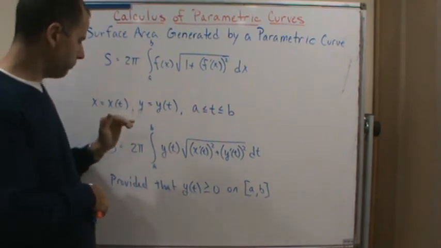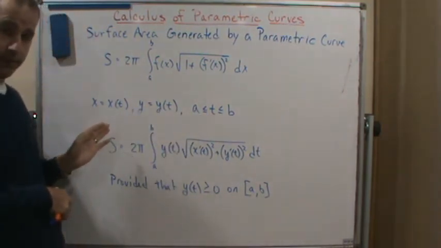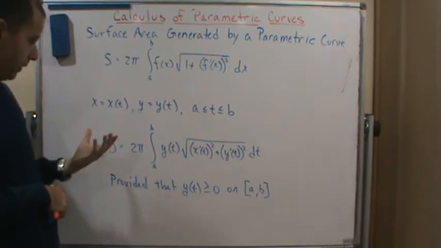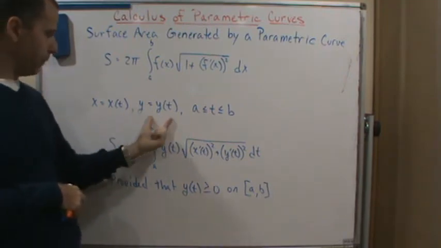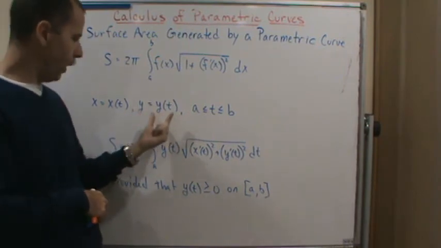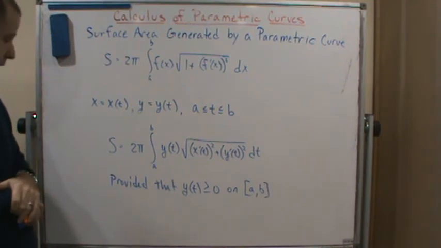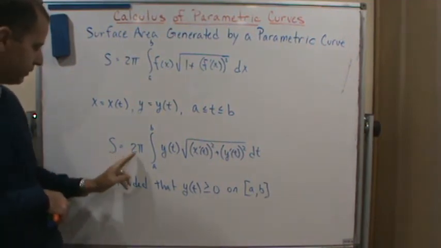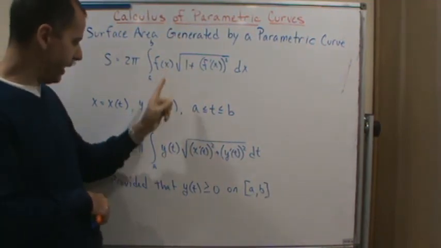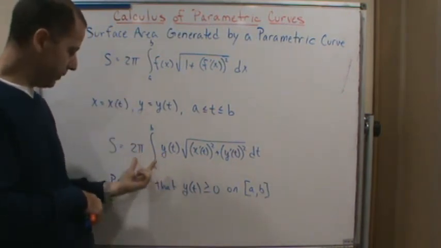So now, what if we have our curve defined parametrically? Well, if we have parametric equations, x equals x of t and y equals y of t, then we can do an analogous derivation by saying s is equal to 2 pi times, instead of f of x, y of t. The height, the radius, is going to be y of t.